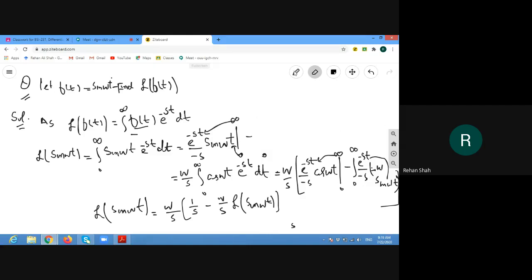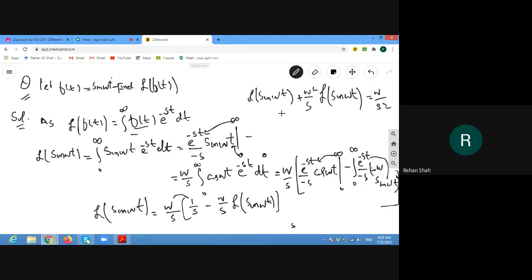So if you shift it to the left hand side, the Laplace of sin omega t, this minus will multiply with this minus plus, so this will become minus. So this will become omega square divided by s square times Laplace of sine omega t, and this is equal to omega by s square.